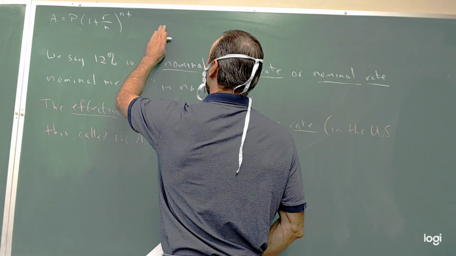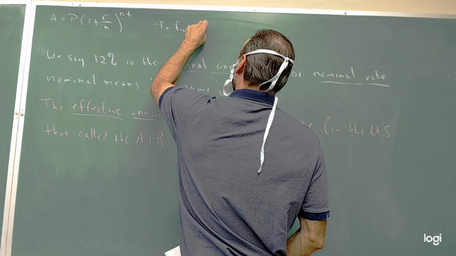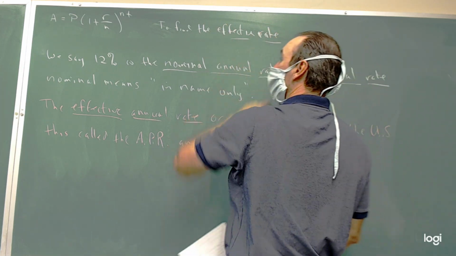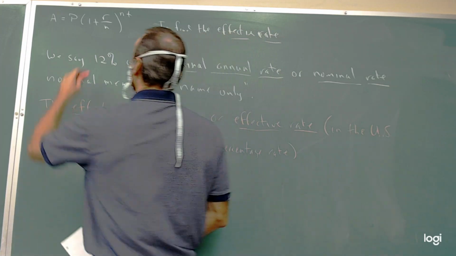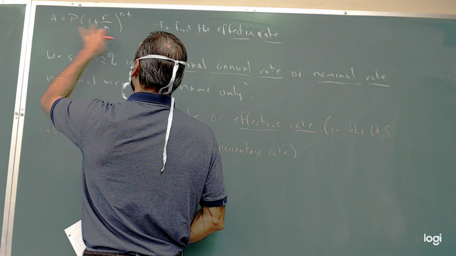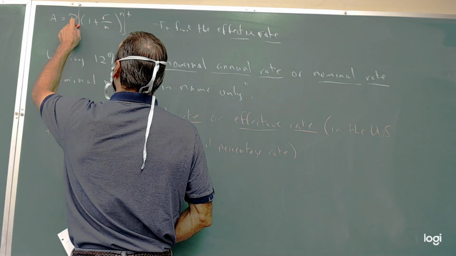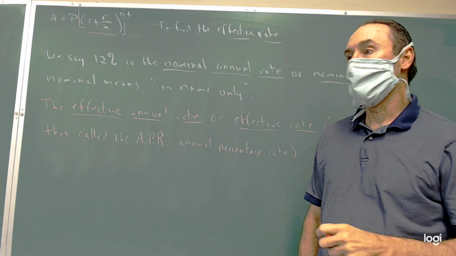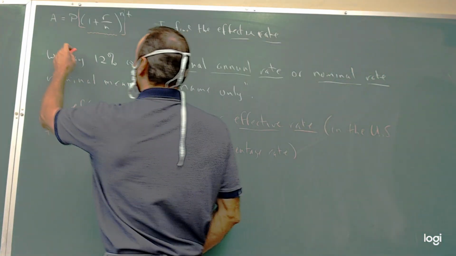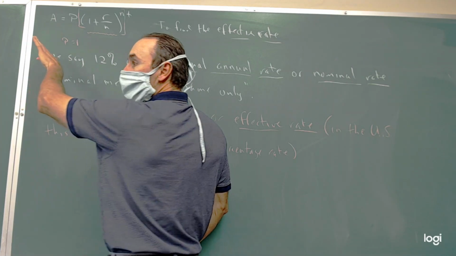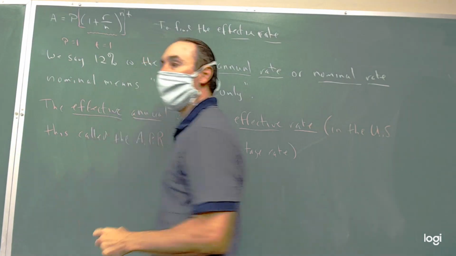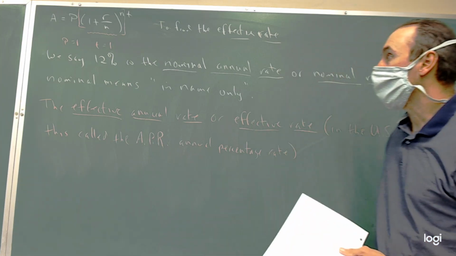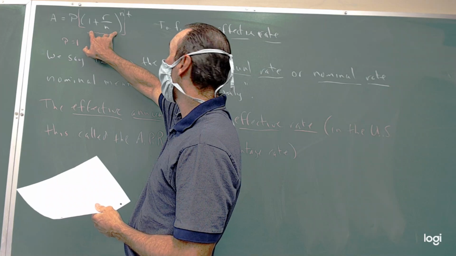To find the effective rate, given a particular nominal rate, we can really just ignore the P and the T, and just look at what we are going to multiply that principal by in 1 year with that 1 plus R over N to the N. Or if you want, you can think of it as letting P be 1, so we're not going to worry about that, and we're going to let T be 1, because we want to know how much we're going to pay or earn, depending on if it's something you're borrowing, a loan, or an investment. So we'll just look at that part of it, the 1 plus R over N to the N.